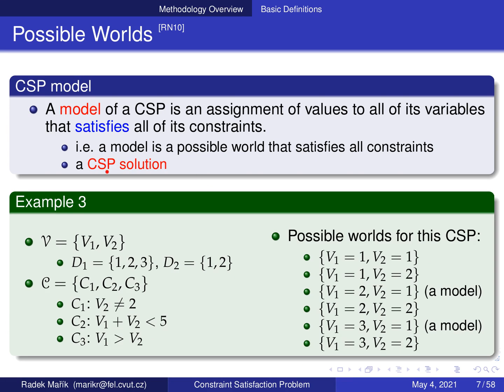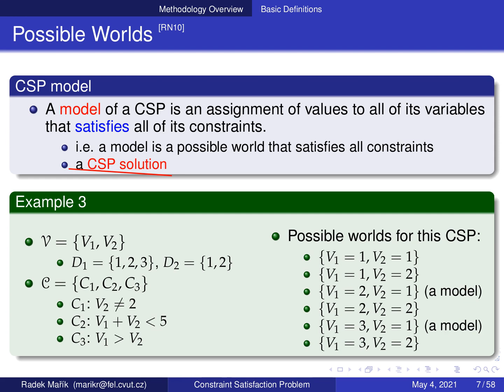Sometimes we speak about a so-called CSP solution. In this example, using two variables, we have several possible worlds, basically 6 of them. However, only 2 of them are models.